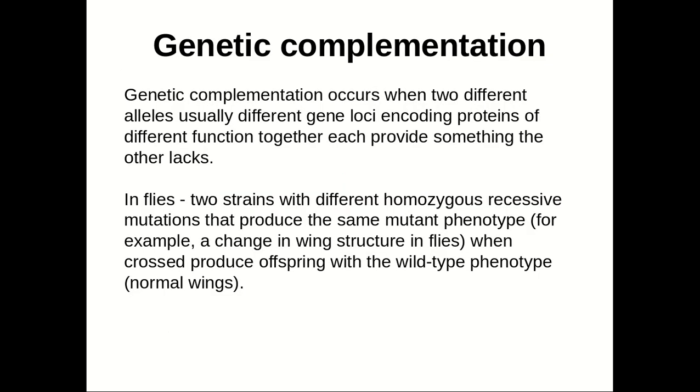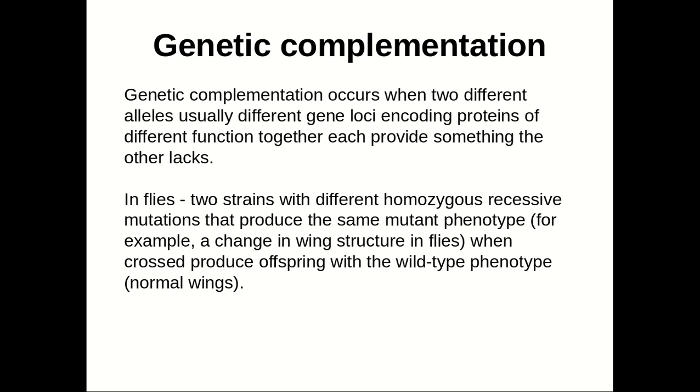All right, genetic complementation. Just understand that we're talking about two different alleles, usually at different loci. I've explained that in a different video. And they have different functions. Each provides something that the other lacks. In flies, if two strains have different homozygous recessive mutations that produce the same mutant phenotype, then we could produce offspring with the wild type.